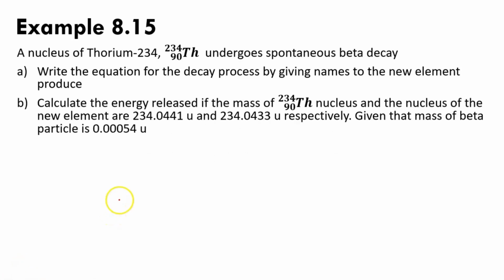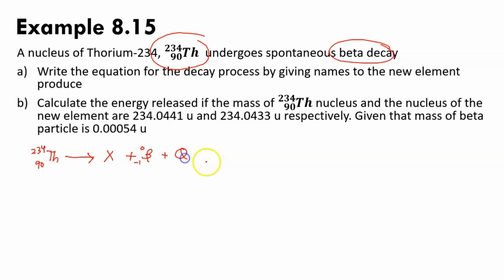Example 8.15, thorium undergoes spontaneous beta decay. So this element will decay and produce a new element plus beta particles and then energy. So the equation will be thorium-234, 90, decay, produce new element plus beta particles and energy release.